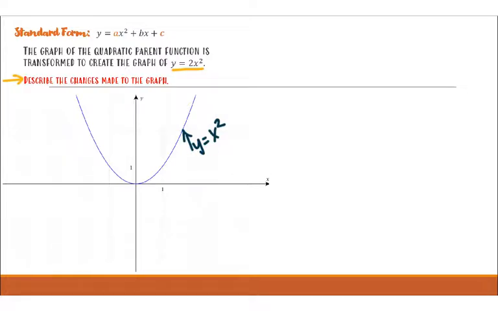Looking at our quadratic parent function compared to standard form of quadratic equations, our a value, which is the value in front of your x squared term, is 1. So let me rewrite this to the side. They're giving us originally a value of 1.